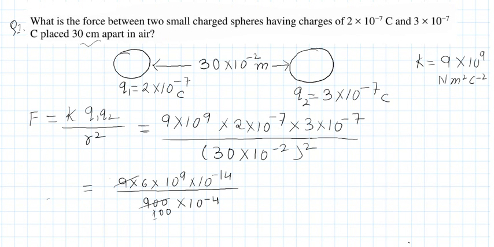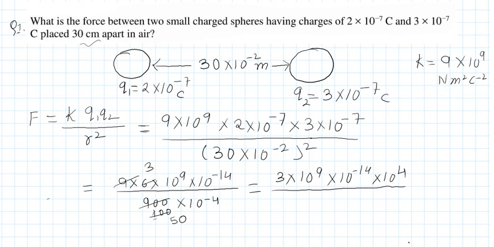Now we can further divide. Here it will be 50 and 3, and this will give you 3 into 10 to the power 9 into 10 to the power minus 14 into 10 to the power 4 upon 50.